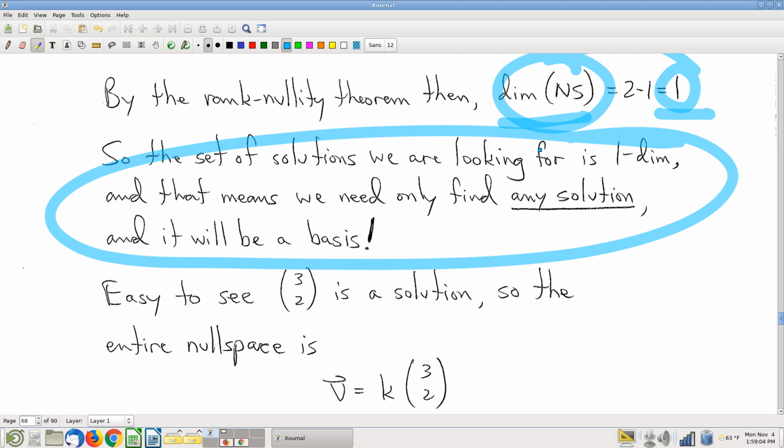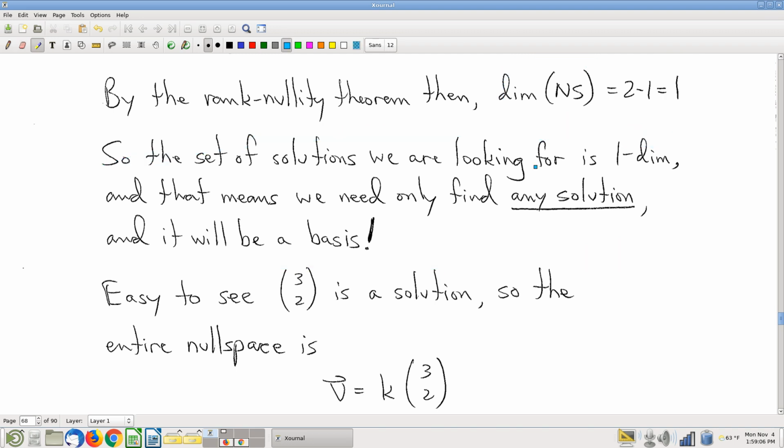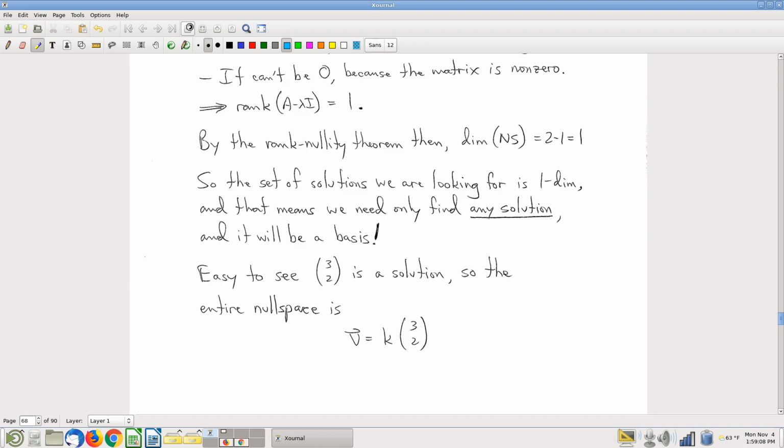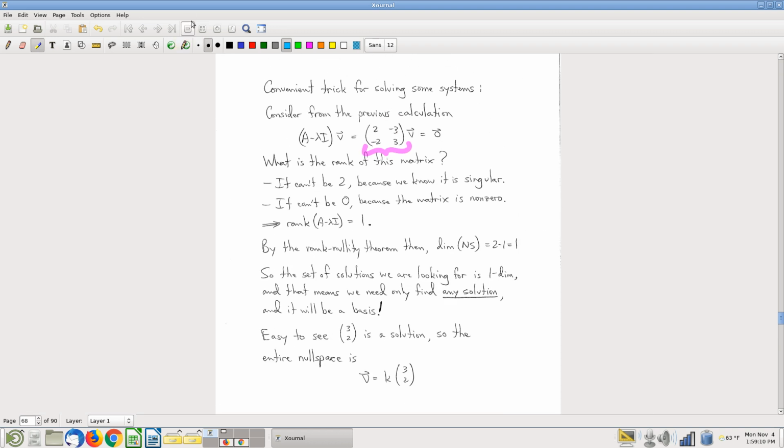So the beautiful thing about this situation, then, let me zoom out where we can see the whole thing. Here again is our question. We're trying to find all of these null space vectors. This argument says that because the null space is one-dimensional, I could just find any solution and declare it a basis, look at all of its multiples, that's all the solutions.